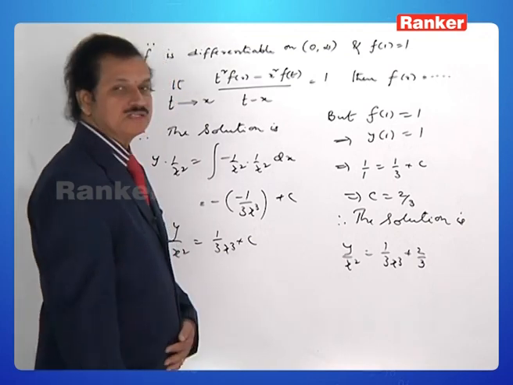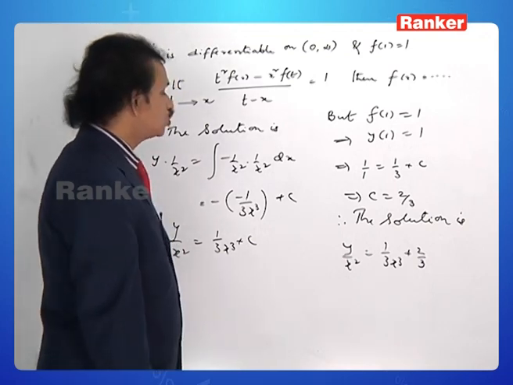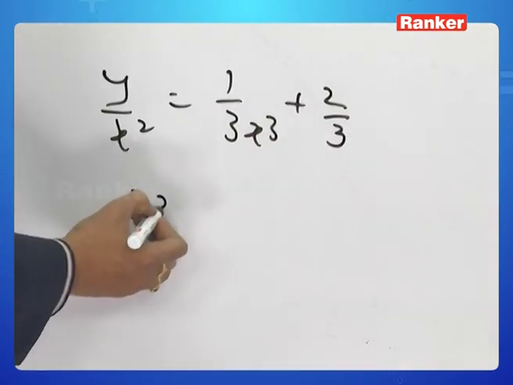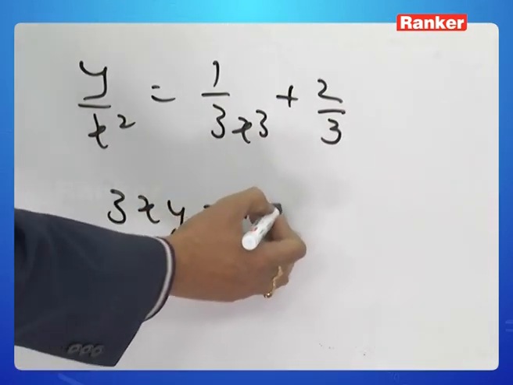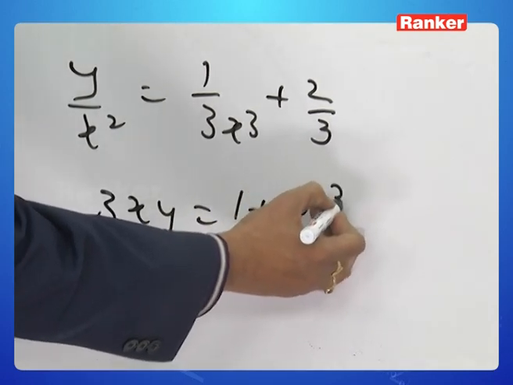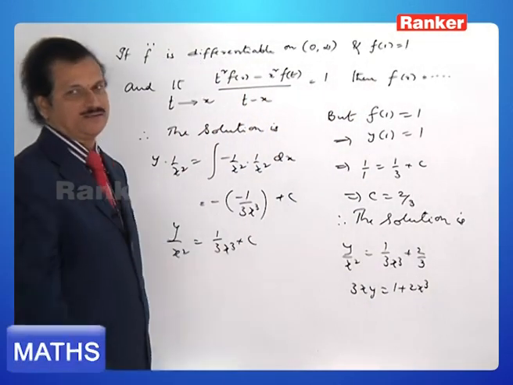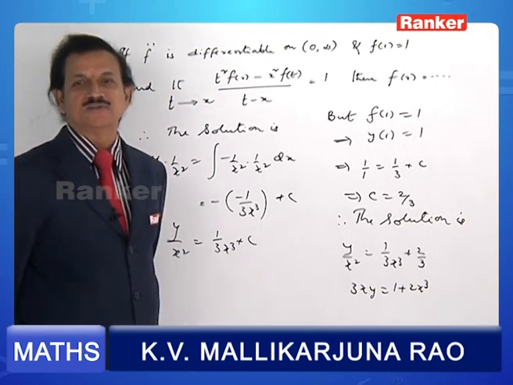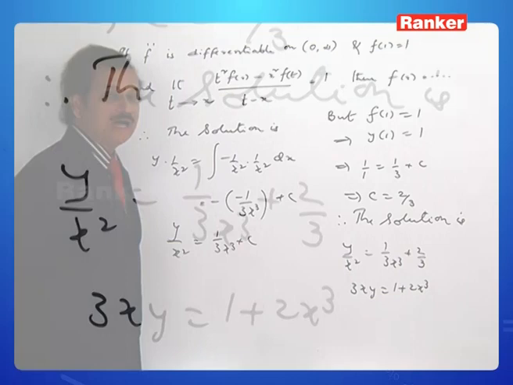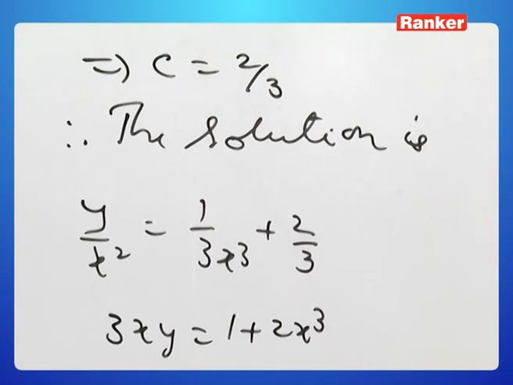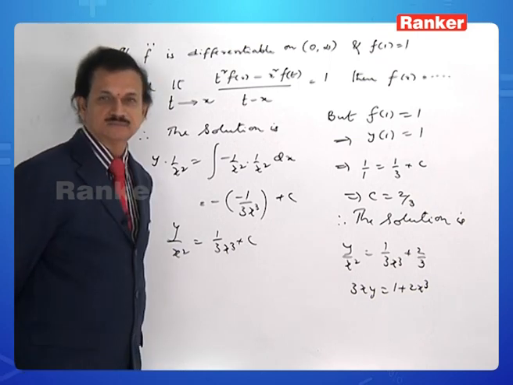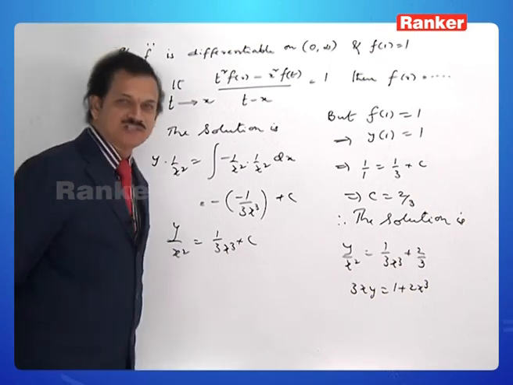Let me multiply with 3x cube on both sides, so that we have 3xy is equal to 1 plus 2x cube, which is the right answer. That is the solution. Observe the problem carefully, how particular it is, how special it is, how beautiful it is. This is the speciality of this problem.